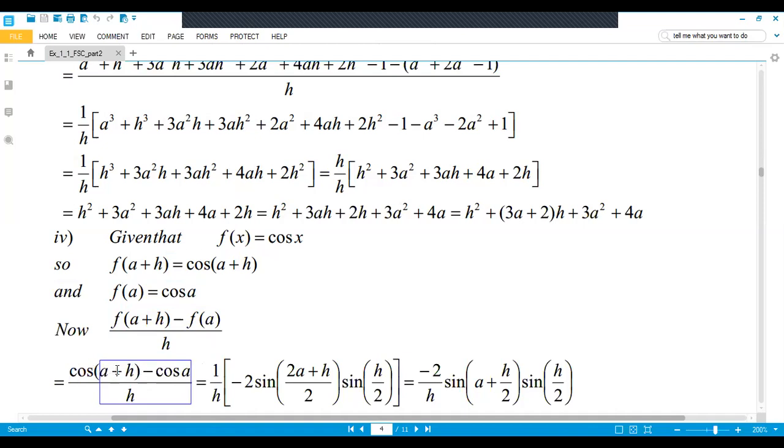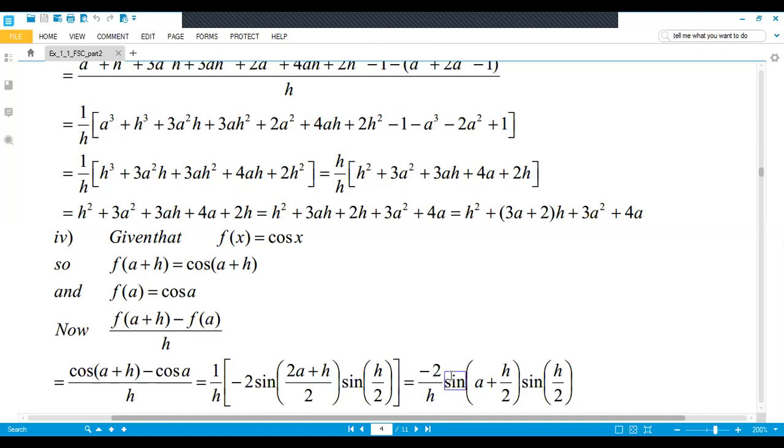Consider this one is the formula, cos a plus h minus cos a is the formula, minus 2 sine a plus h plus a, so that is equal to 2a, divided by 2, sine a plus h minus a, plus a minus a cancel, so h divided by 2.